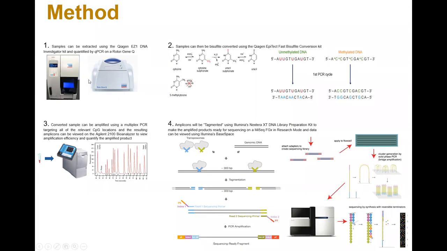So if we're talking sample in, extraction, quantification, and bisulfite conversion process, if you decide to do qPCR, that's about an hour and a half, 2 hours, or if you do Qubit, it can be much shorter. But these steps right here, I estimate taking approximately 4 hours total.